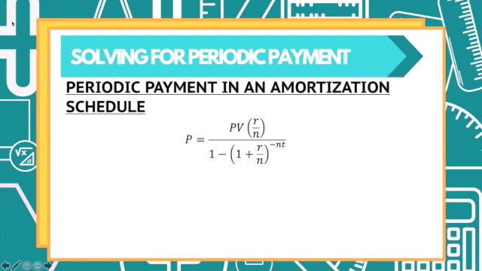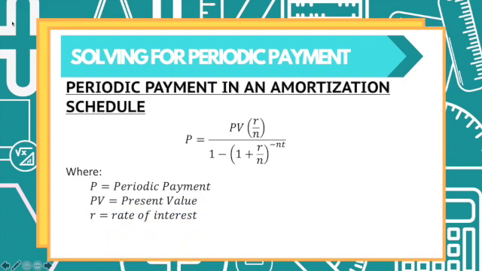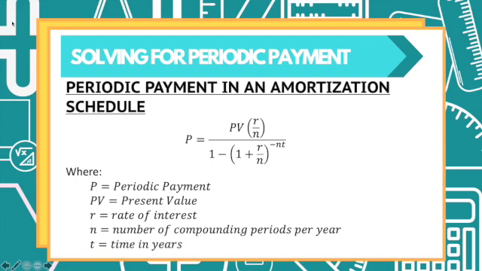This formula is actually derived from the formula for present value of simple ordinary annuity, since amortization involves simple ordinary annuities. In this formula, P represents the periodic payment, PV is the present value, R is the rate of interest, N is the number of compounding periods per year, and T is the time in years.